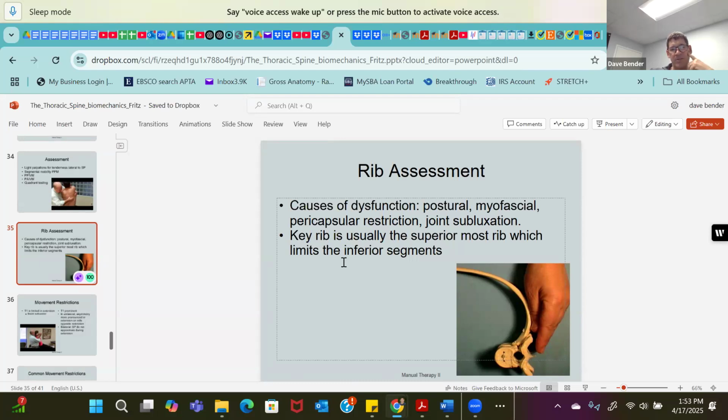So you can think about that position as the position I often use to mobilize or manipulate the rib. And that's how we can assess some of the rib glide. There's multiple ways to assess the rib glide, and we'll get into all of those in the thoracic course.